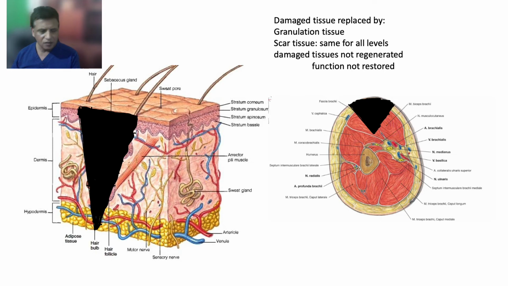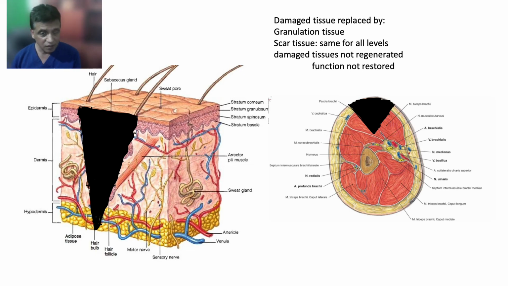So we've taken these damaged tissues, muscle, fat, and dermis, and replaced them with granulation tissue, scar tissue. And the key thing to note is that this granulation tissue is the same for all levels. So whether it's muscle, or the fatty layer, or the dermis, it's the same granulation tissue.